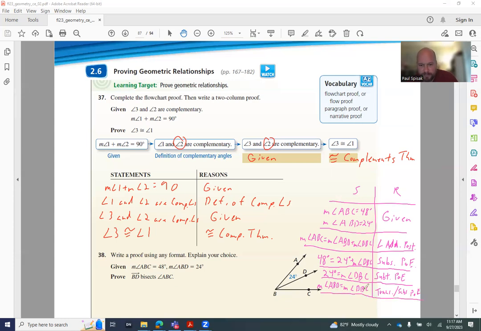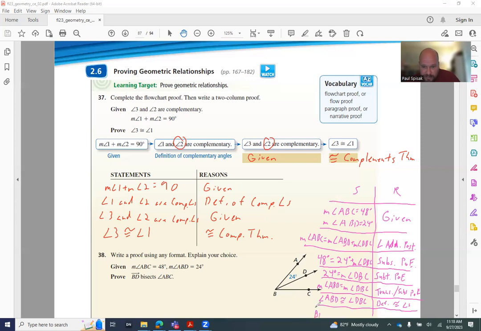And then from there, we can say that they're congruent. So angle ABD is congruent to angle DBC. How do we know that? Definition of congruent angles. And finally, the very last thing that we need, we can say that ray BD bisects angle ABC.